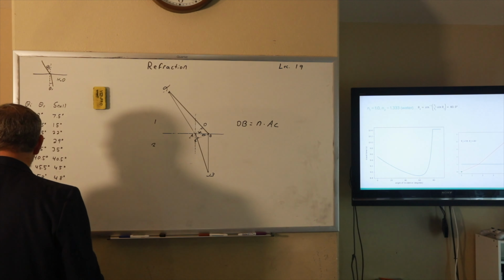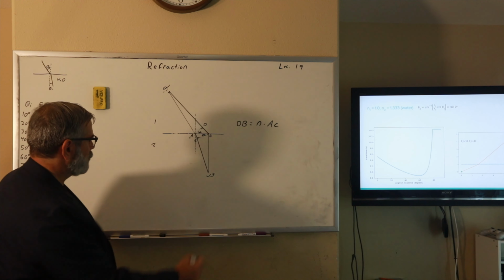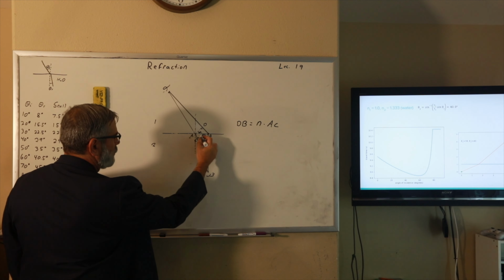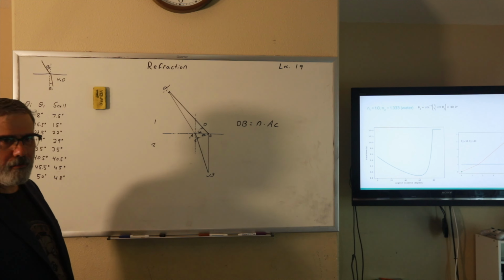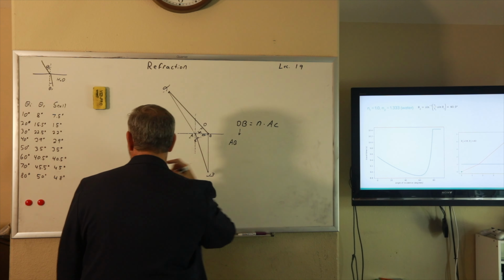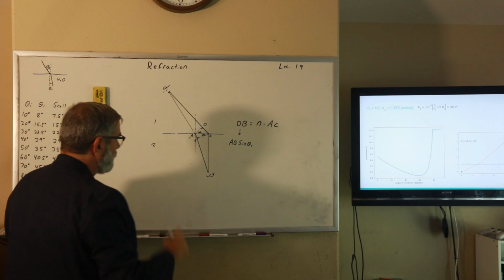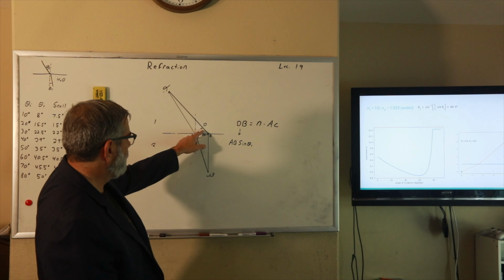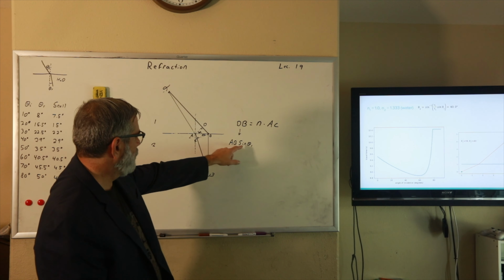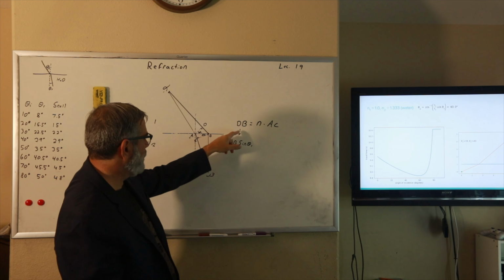So I can use a little trigonometry. AB is the common hypotenuse to these two triangles, the triangle with angle theta 1 and the triangle with angle theta 2. So this I can write as AB, that's the hypotenuse, times the sine of theta 1. The opposite is this side dB. So dB divided by the hypotenuse, that's what the sine of theta 1 is, times AB will just give me dB back.